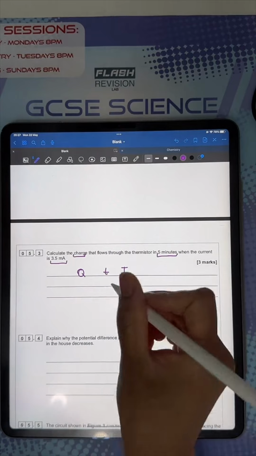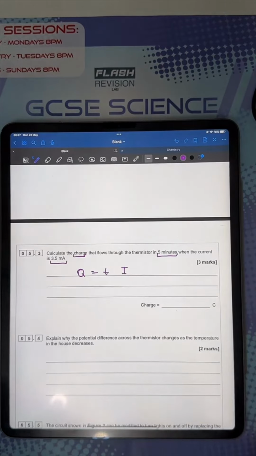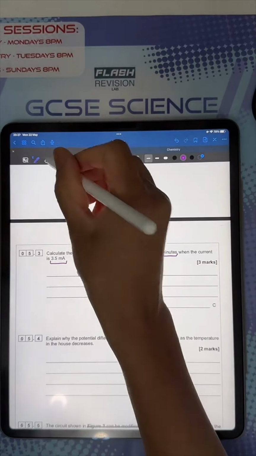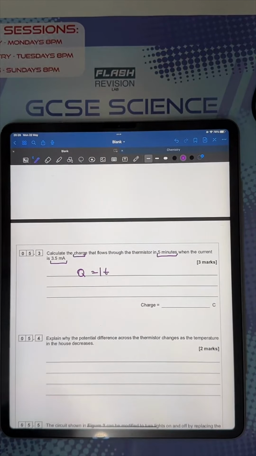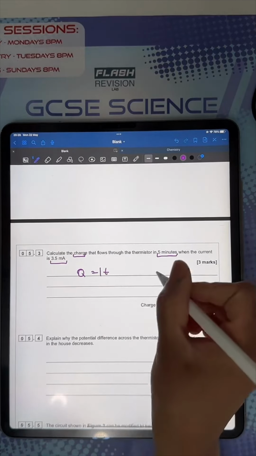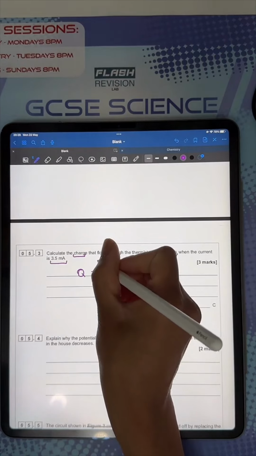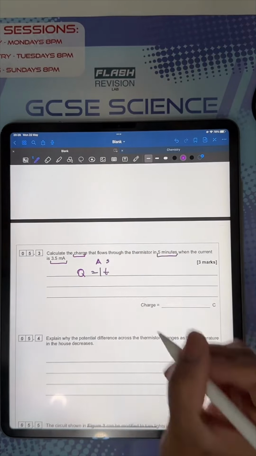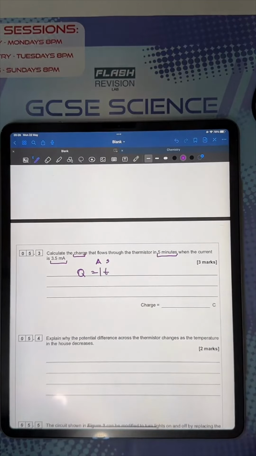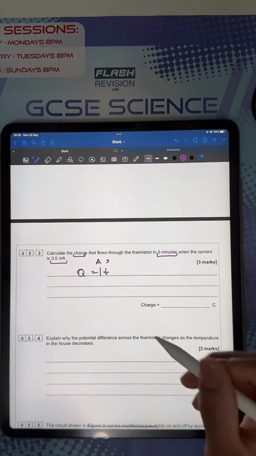So that's the equation. Q equals IT. We need to make sure all our units are right, because in this equation, you need current in amps and you need time in seconds. So we have current in milliamps and time in minutes.